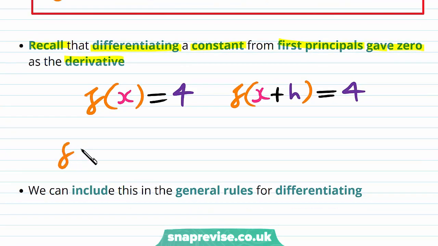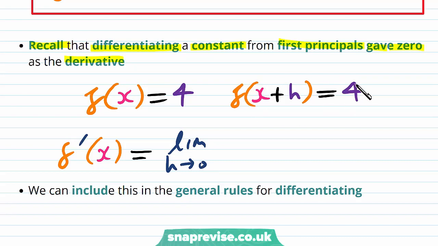And therefore, if we consider our derivative f prime of x, using our formula, we're going to get the limit as h tends to 0 of f of x plus h, which is 4, minus f of x, which is also 4, divided by h, and this limit is 0.